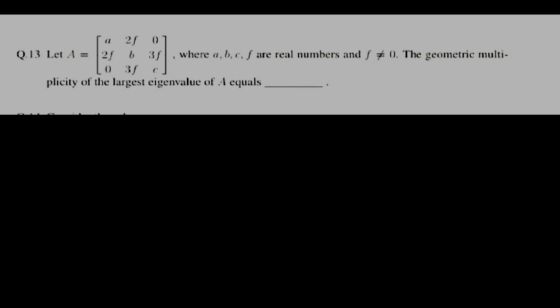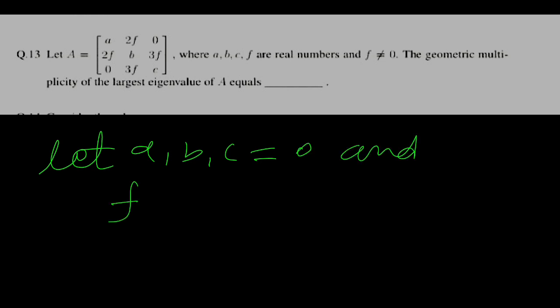Then we make a new matrix and generalize about the eigenvalues of this matrix and its geometric multiplicity. Let a, b, c equal to 0 and f equal to 1.